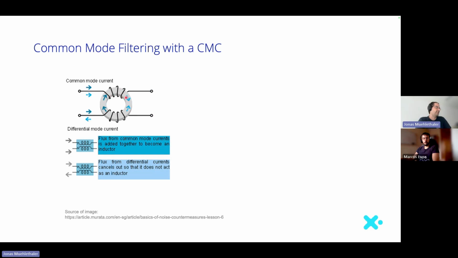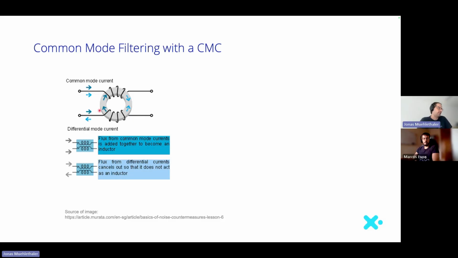You will see that differential mode currents lead to a flux direction in this direction on the positive top side and a flux in this direction on the negative side, and they are canceling each other out. So in other words, a differential mode current can ideally pass the common mode choke freely. It's not affected by the common mode choke.